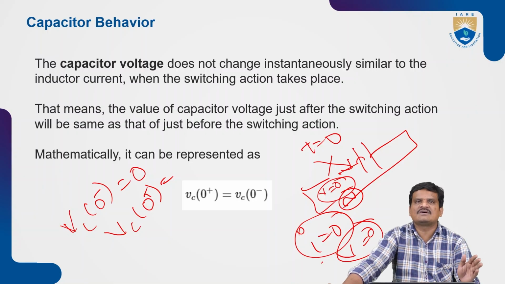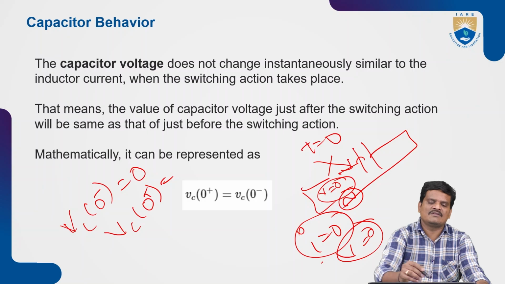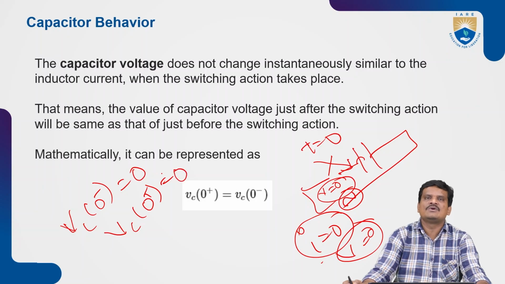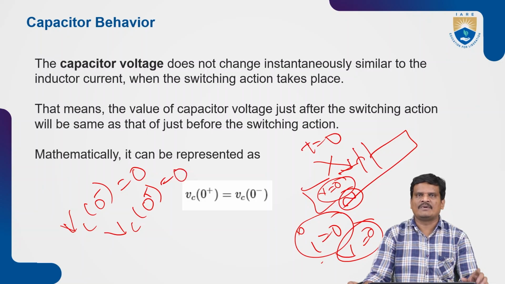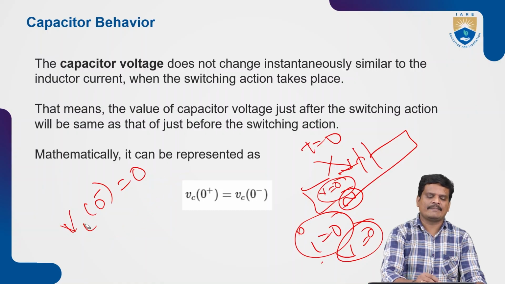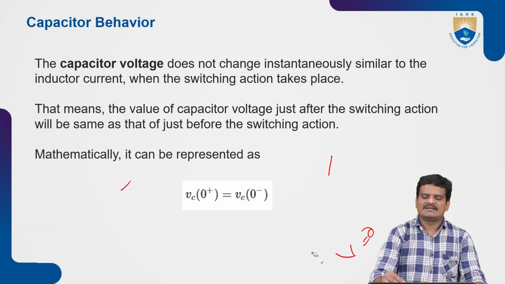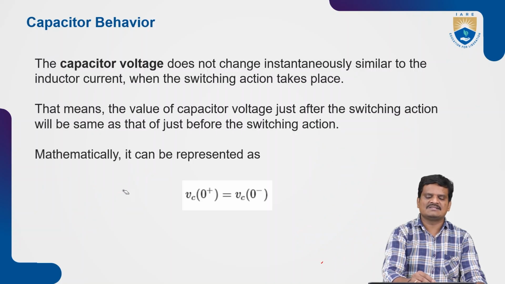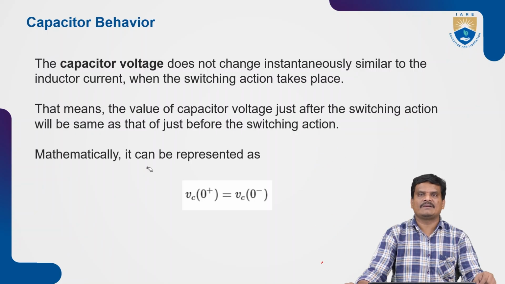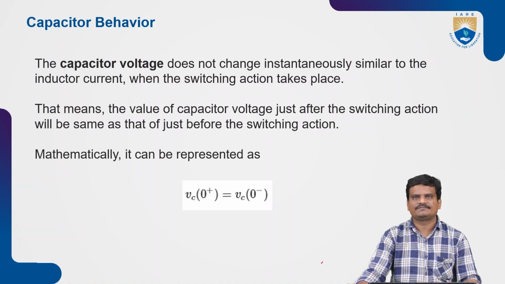After closing the switch, for a certain period of time, the voltage will remain 0 due to this property. So this is the behavior of a capacitor under the transient state. VC of 0 minus is the voltage across the capacitor just before closing the switch, and VC of 0 plus is the voltage across the capacitor just after closing the switch.